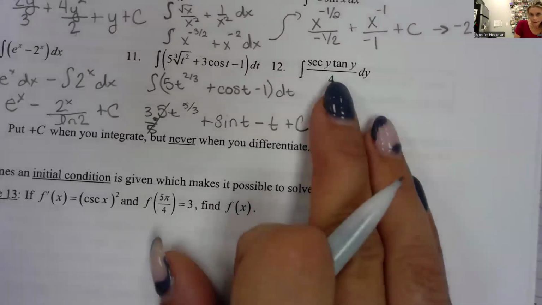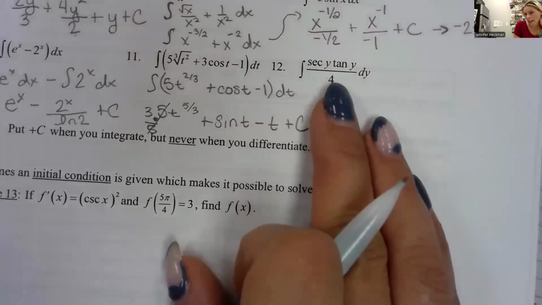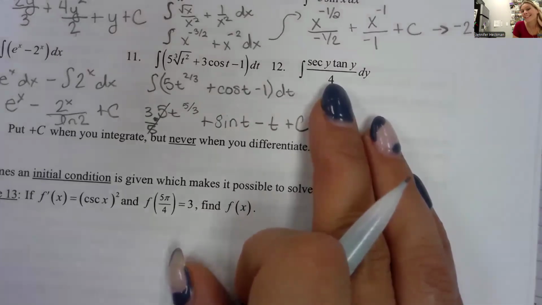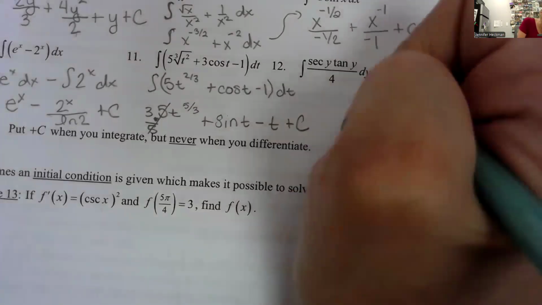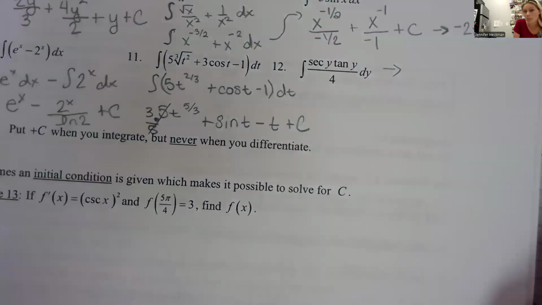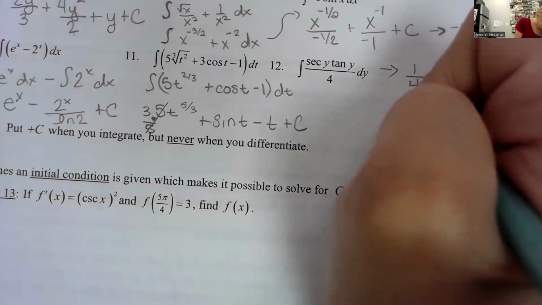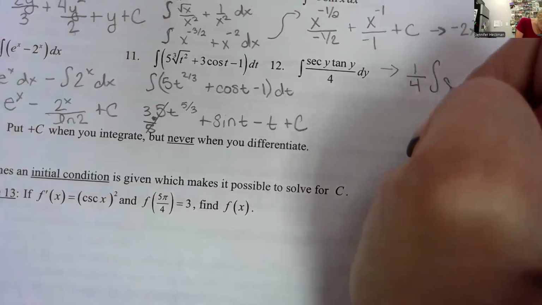I want to rewrite this. Even though we're dividing by 4 and it's a monomial, since it's a constant, I'm actually going to rewrite this as a scalar multiplication. So dividing by 4 is the same thing as multiplying by 1/4.